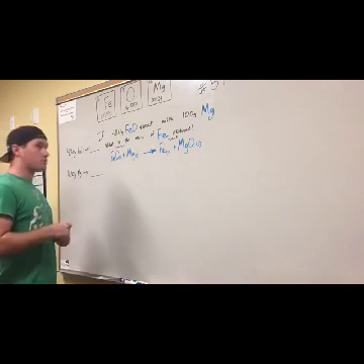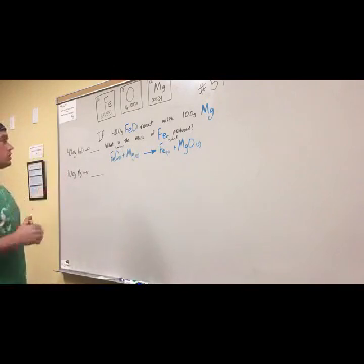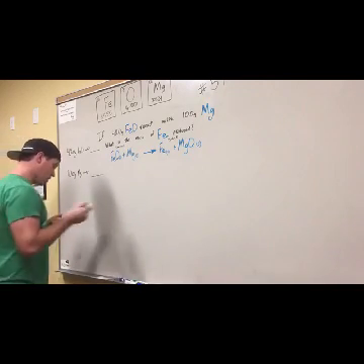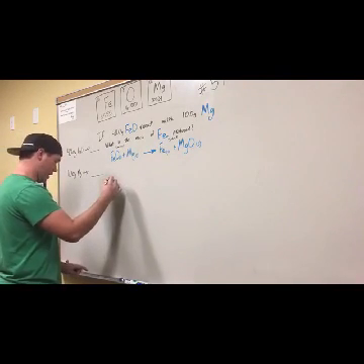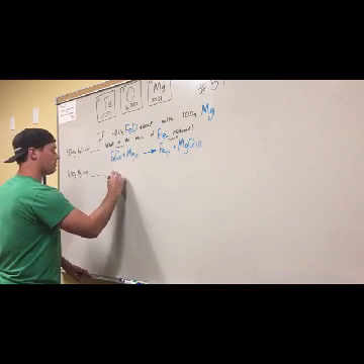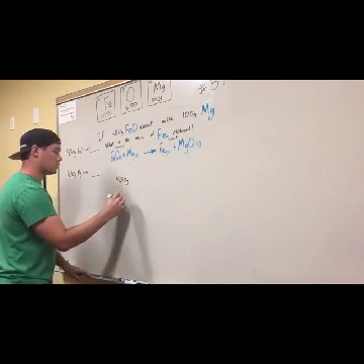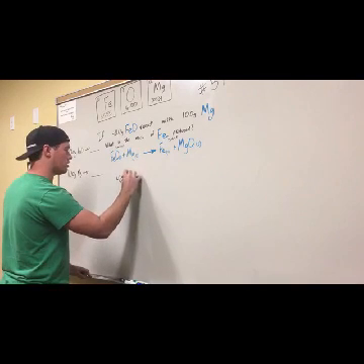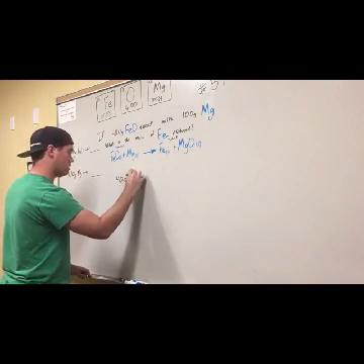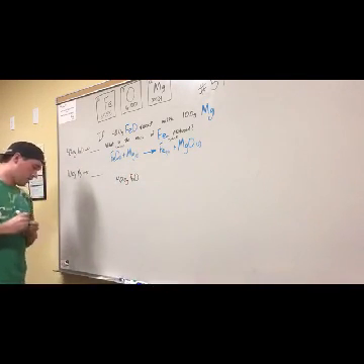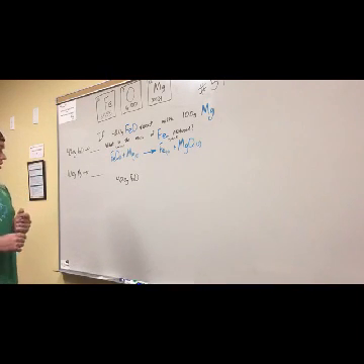Okay, so the first part we're going to do is the 40 grams of iron oxide. So we have 40.0 grams of iron oxide. And what we need to do is figure out the total mass of the iron oxide.